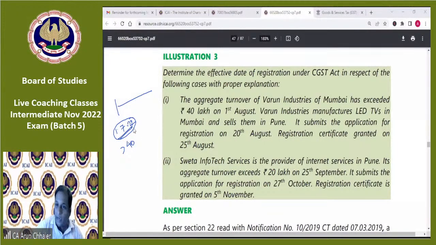So I need to apply, and I have a time limit of 30 days. Suppose I have applied on 25th July. Is it within time? Yes. So whenever the certificate is granted, my effective date of registration would be 1st July. Suppose I have applied after 30 days, then the date of the certificate would be the effective date.